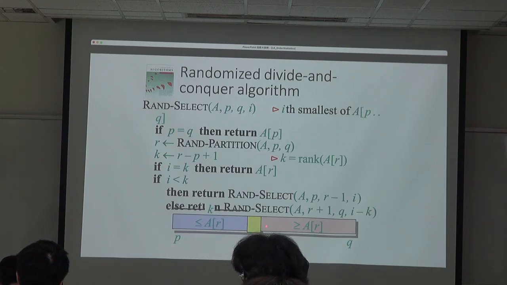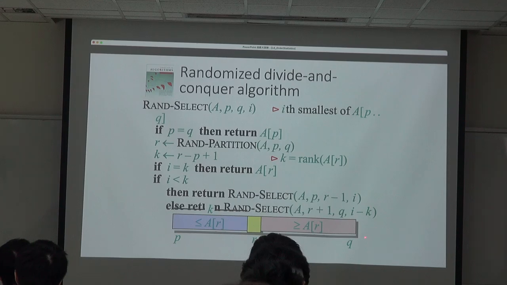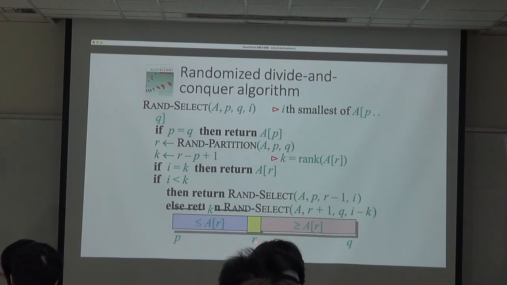And all the numbers with index larger than R will be greater than the pivot. Again, they are not sorted, but this part is smaller than the pivot and this part is larger than the pivot. That's the result of your random partition, and you return the index of the pivot, which is R, back to here.